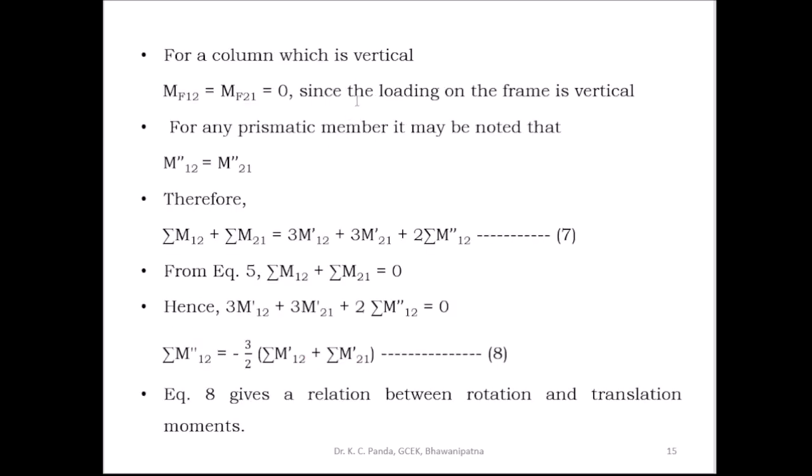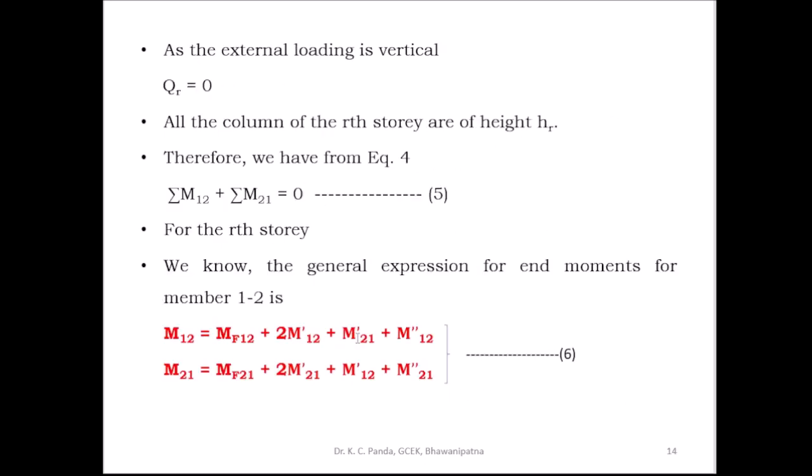As the column is vertical, there is no horizontal loading. So MF12 and MF21 are equal to 0, since the loading on the frame is vertical, for any prismatic member. As the load is acting vertically, the fixed end moment on the vertical member 1, 2 is equal to 0.